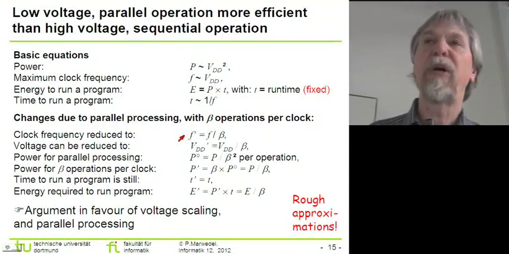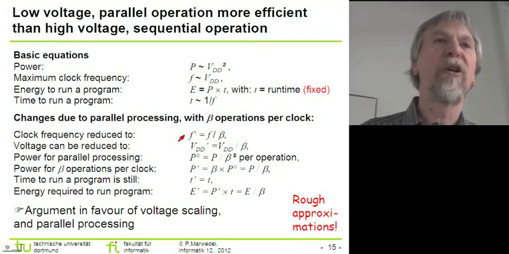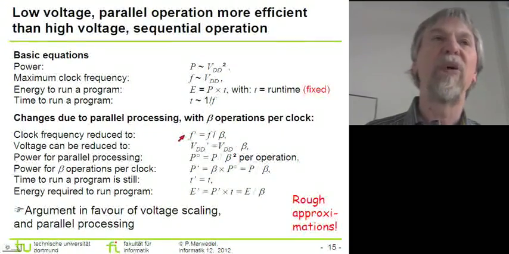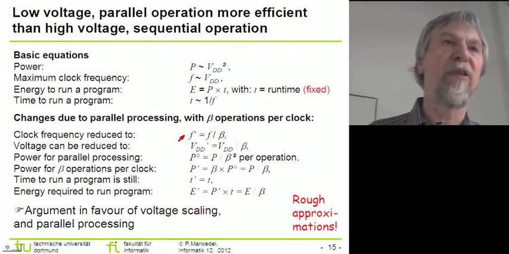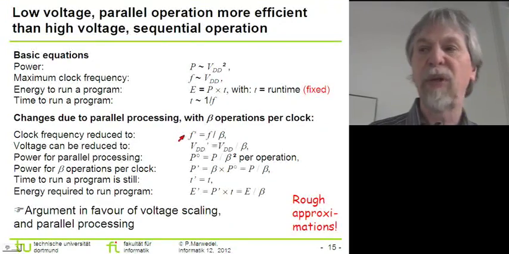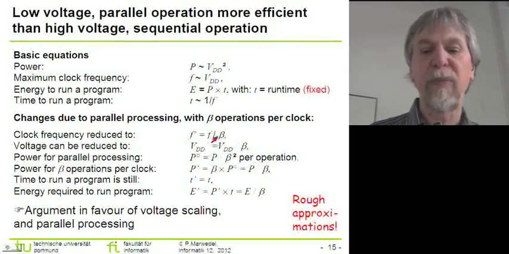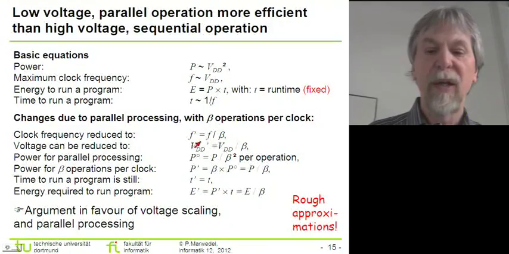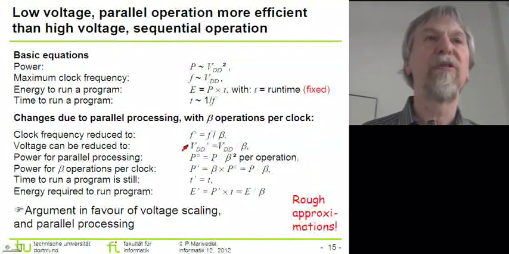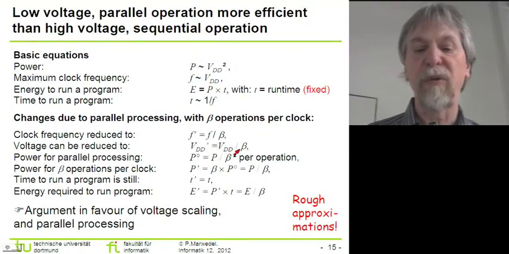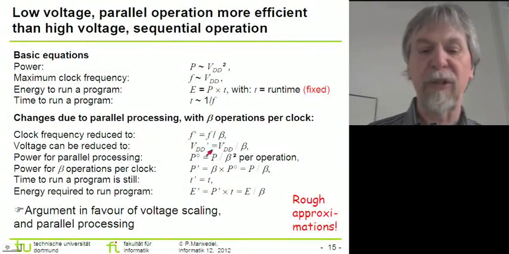Since we now have parallelism, we can afford to spend more time on each of these operations, which means that we reduce the clock frequency by a factor of beta. Now, since we reduce the clock frequency, we can also reduce the voltage, and we reduce it also by a factor of beta.